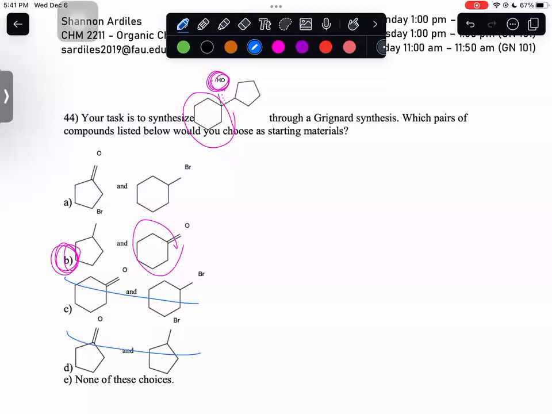Wherever the alcohol group is, that's where your original carbonyl was. So for Grignards, I know that I need carbonyl plus alkyl halide. So I just split it right in half. This alcohol group is first connected to the ring with 6 members. So that was the carbonyl. They look a little scary, but they're not too bad.